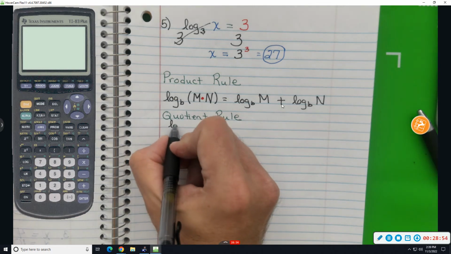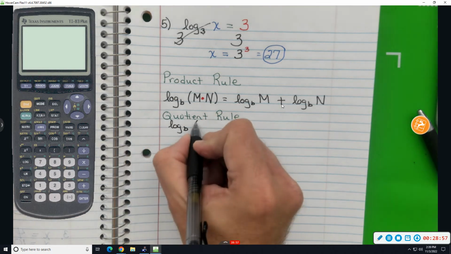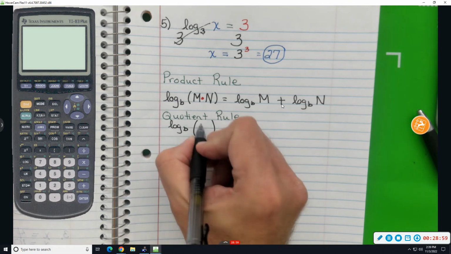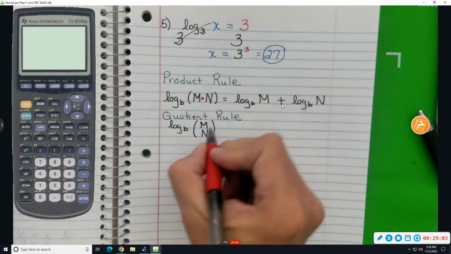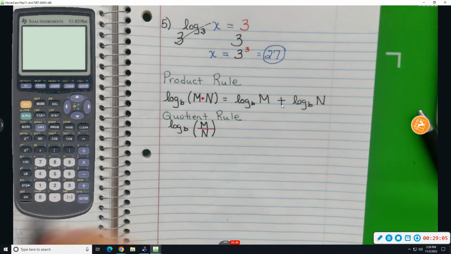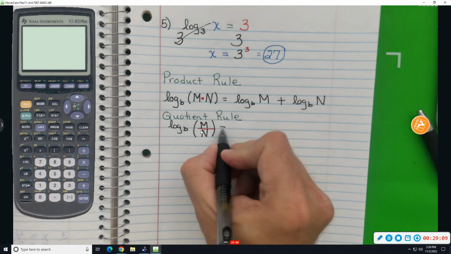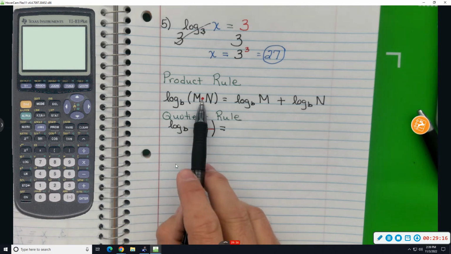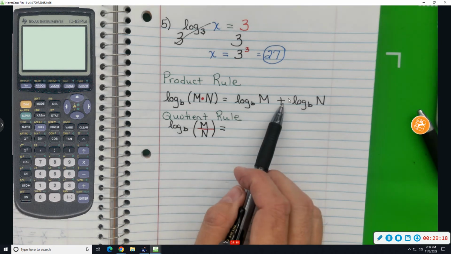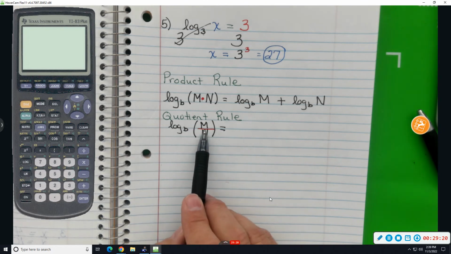Log base b, I'm going to write the division as a fraction, m over n. Okay, don't write it. I'm going to go back to the quotient rule of exponents and see if they can figure out what this is going to be. Well, what I normally tell them is, if you rewrite multiplication as addition, it's going to be subtraction.